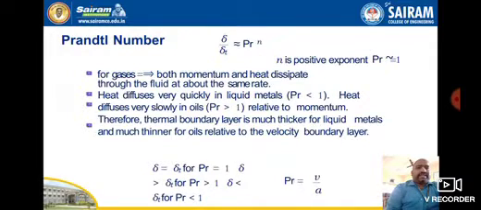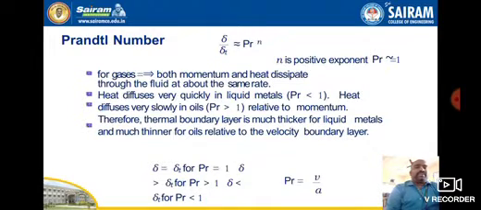Okay, here again for the Prandtl number, delta divided by delta T is equal to Prandtl number to the power n, where n is a positive exponent, and for gases the Prandtl number is approximately 1. So for gases, both momentum and heat dissipate through the fluid at about the same rate. Heat diffuses very quickly in liquid metals, that is, the Prandtl number is less than 1.